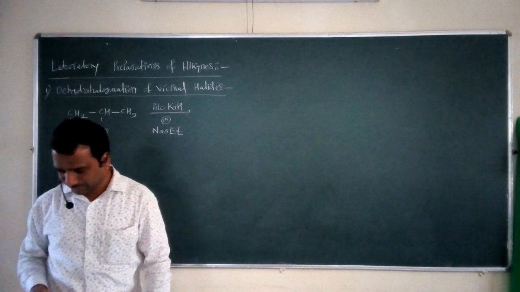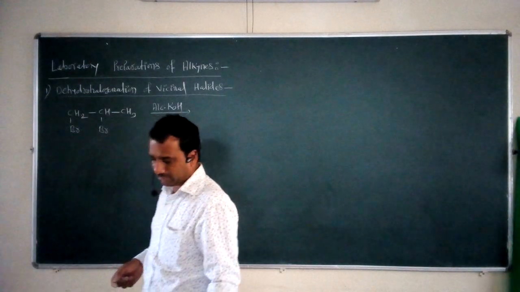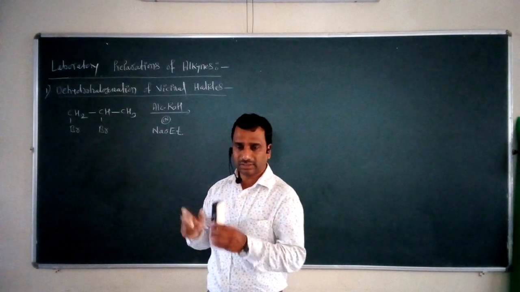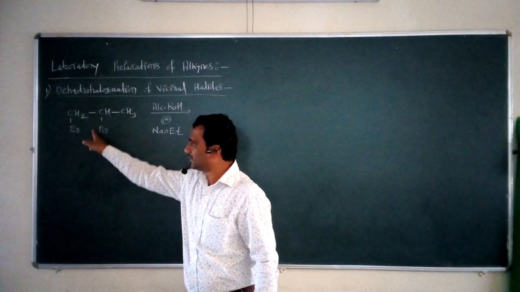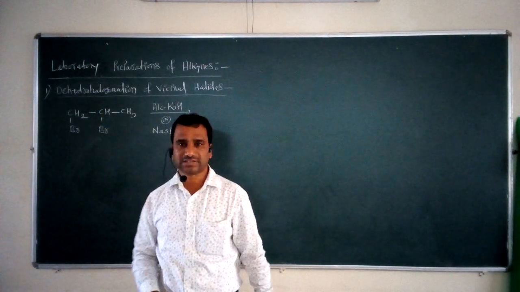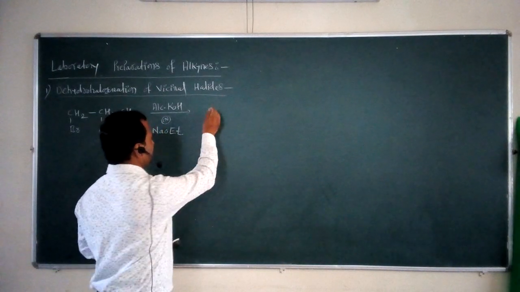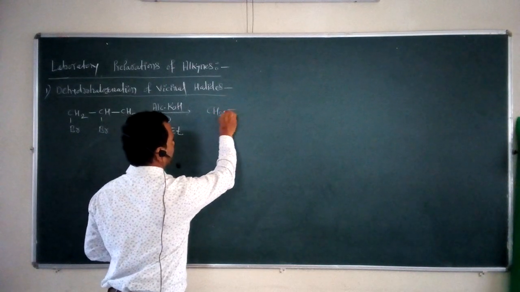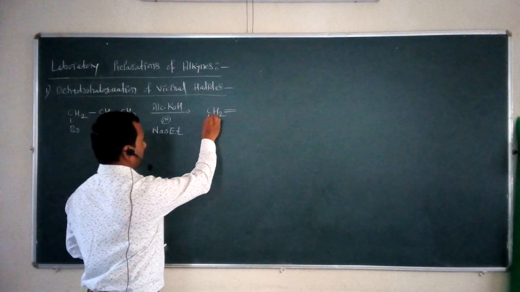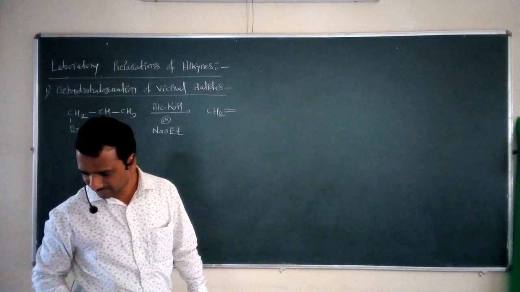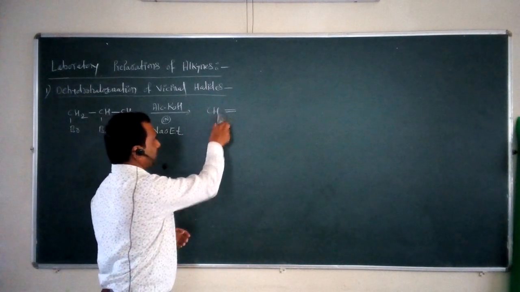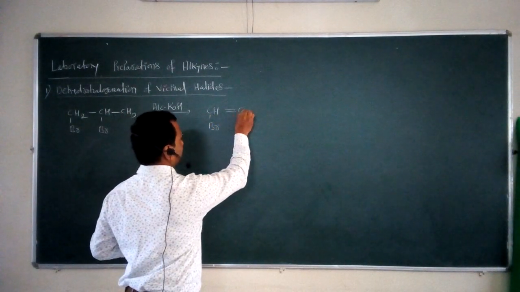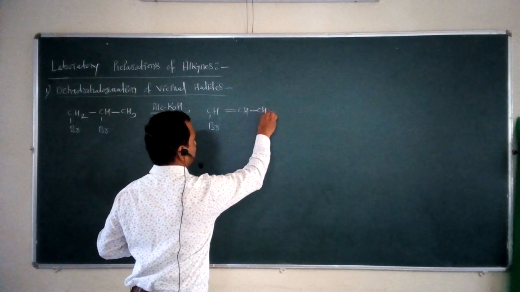So what type of product can be obtained? The product is obtained by the removal of hydrogen halide, with the halogen at the second carbon and the hydrogen from the first carbon. So this is the dehydrohalogenation, and we get in this case a compound like CH2 double bond CHBr, CH3.